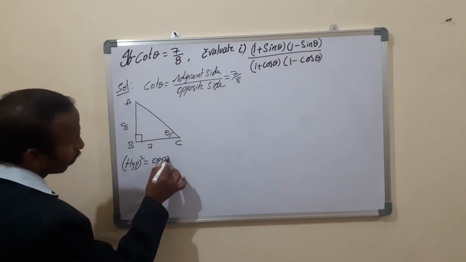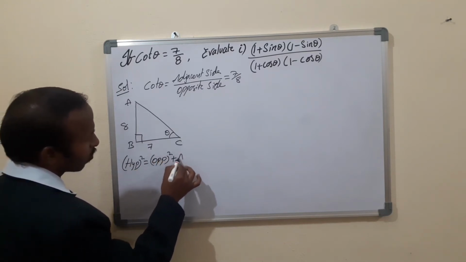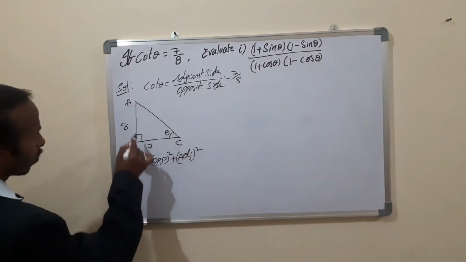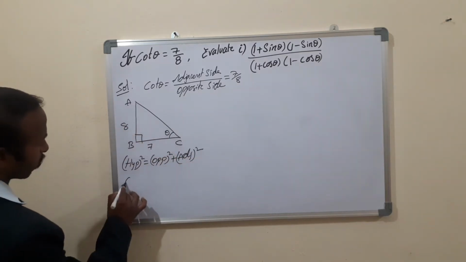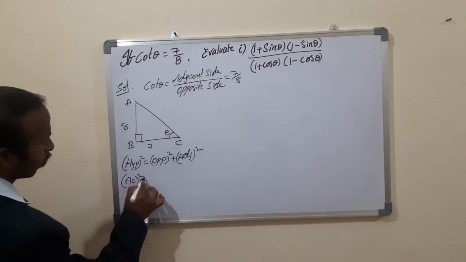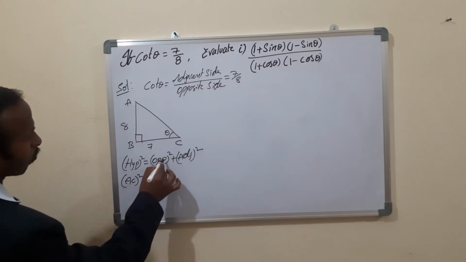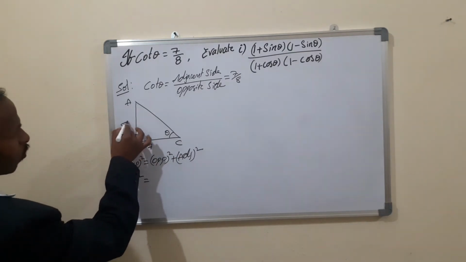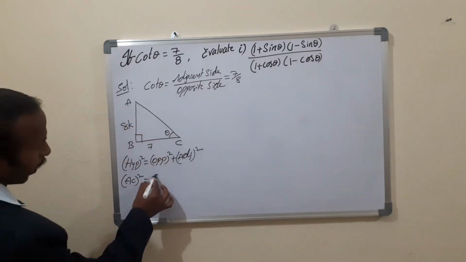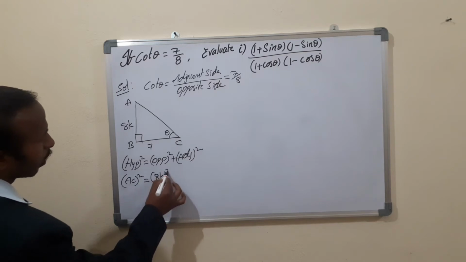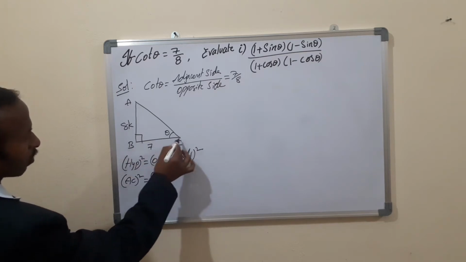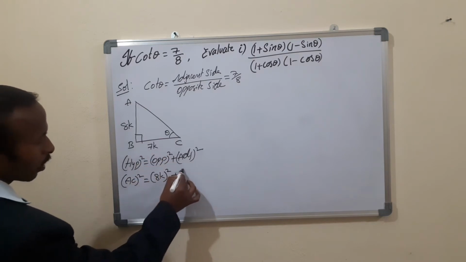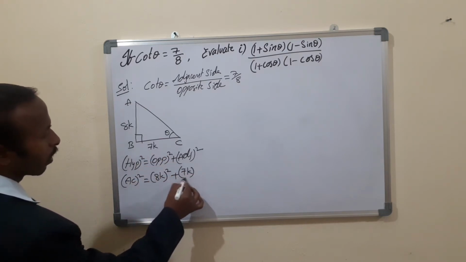opposite square plus adjacent square. Hypotenuse is nothing but AC. AC whole square equals opposite square. Opposite square is nothing but, for theta, what is that? AB. AB means this is the ratio, so we have to take 8k. So here 8k whole square plus adjacent, which is BC, the same way 7k. So here 7k whole square.